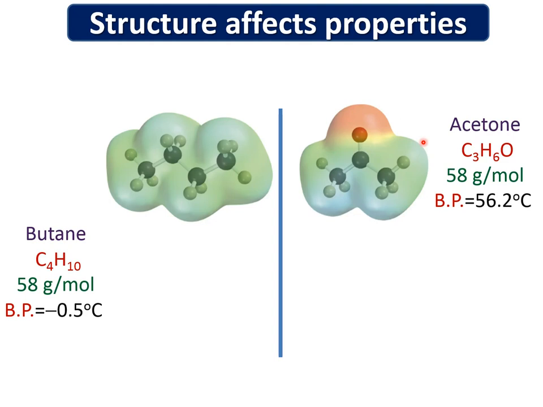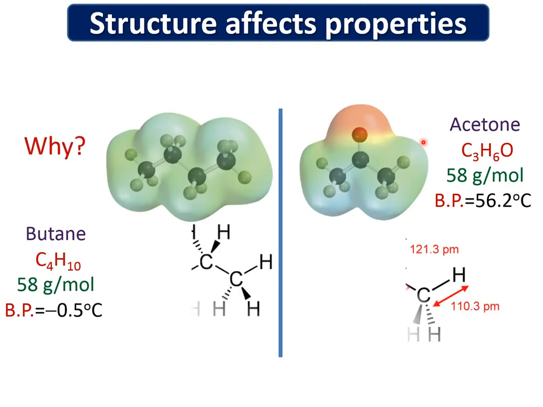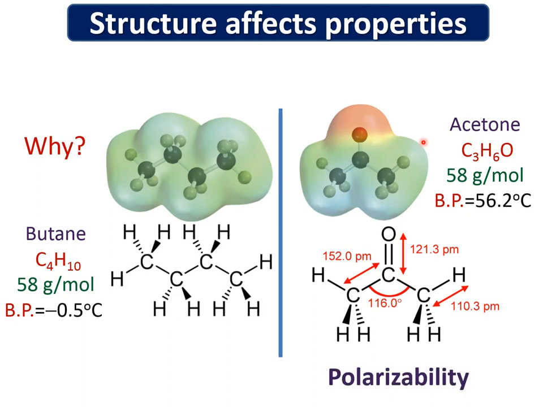Not hydrogen bonding; you should not consider hydrogen bonding here. As I said, hydrogen bonding occurs when hydrogen is connected directly to a highly electronegative atom, but here oxygen is connected to carbon. So the structure of acetone is the reason for its greater boiling point compared to butane. The polarizability is the factor that increased the boiling point of acetone.